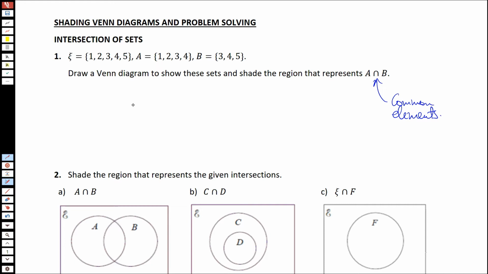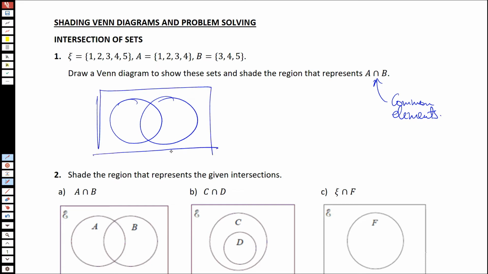So these are the two sets, A and B. And from what you can see, what's common in both of these are 3 and 4. So we'll write those numbers in between.